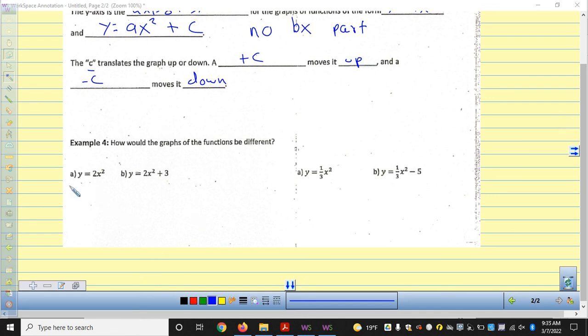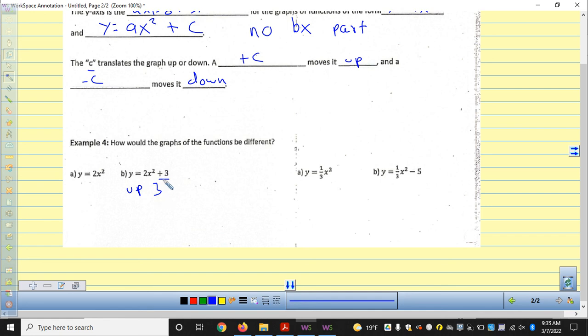So you might see questions that say, how would these graphs be different? How would graph B be different from A? Well, we have a +3 here. This first part is the same, so we would say this is moved up 3.